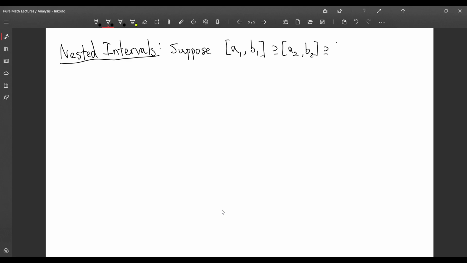So we have these decreasing inclusions, meaning that if we have an element in any interval, then it's going to be contained in all the intervals before it, right?